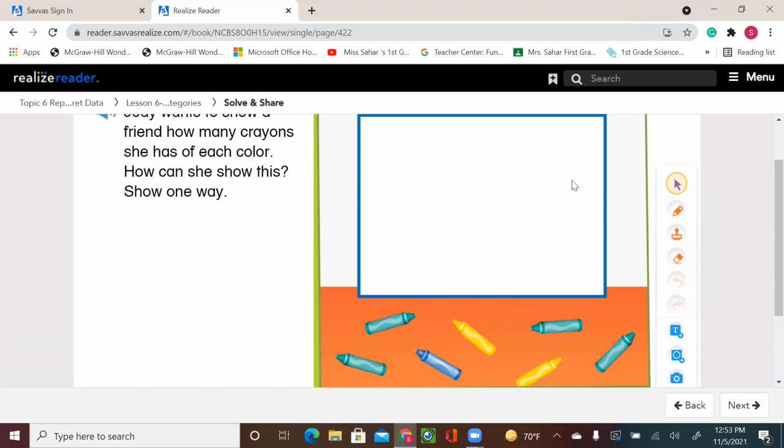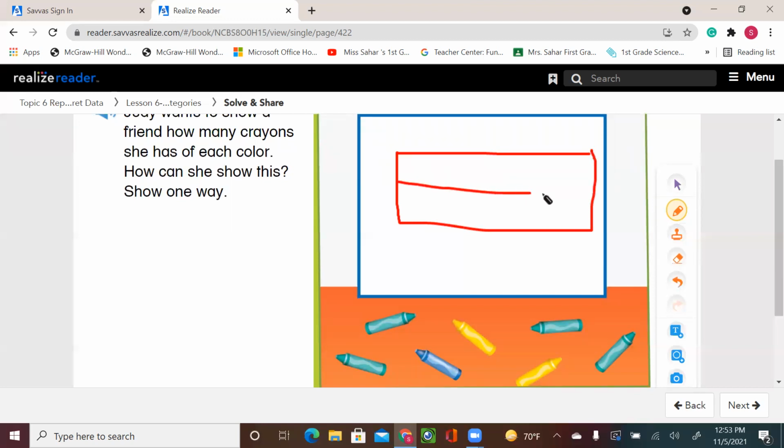So if we just draw a simple table, and we have 3 colors, we have blue, and we have green, and we have yellow. So that's blue.